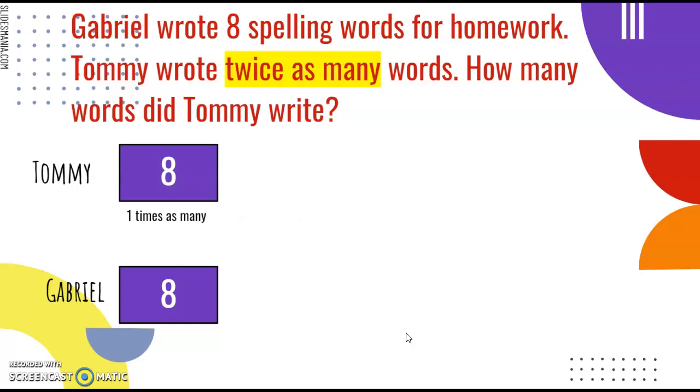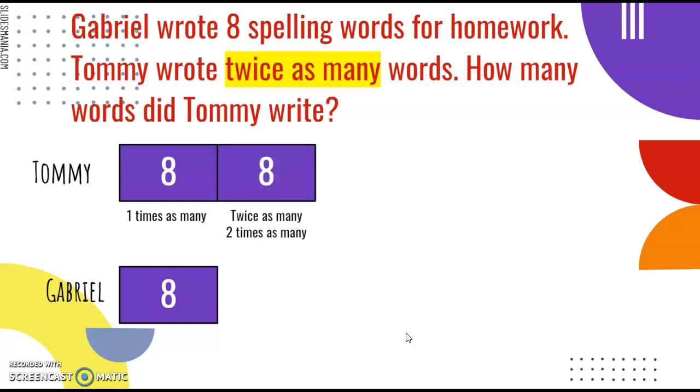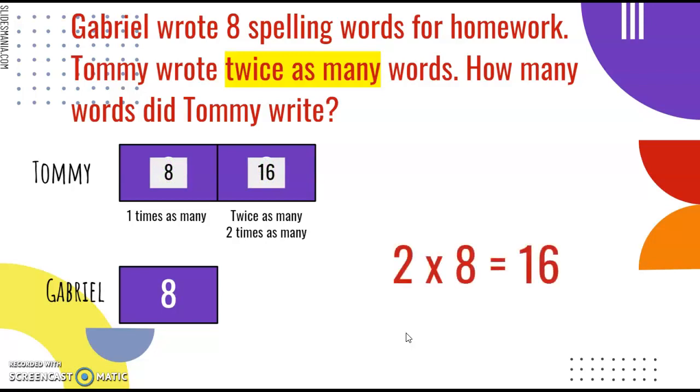Twice as many is another way of saying 2 times as many, which our model now shows. Let's skip count by 8 to determine how many words Tommy wrote. 8, 16. Our equation is 2 times 8 equals 16 because we have two equally sized groups of 8.